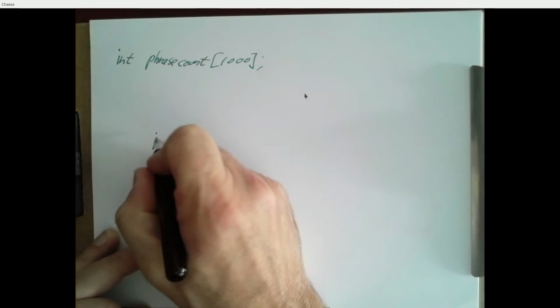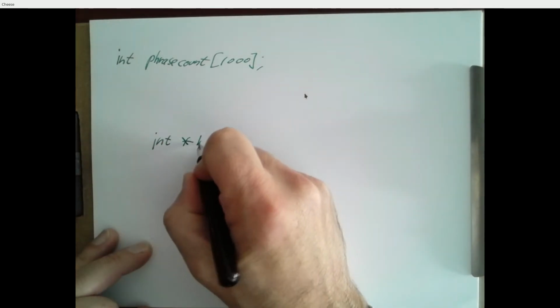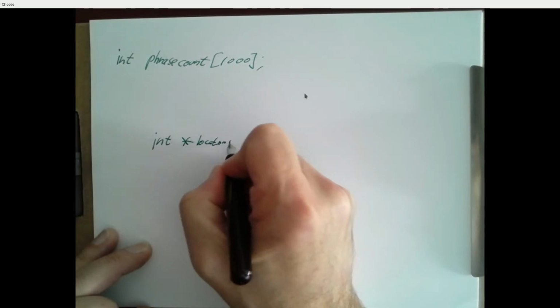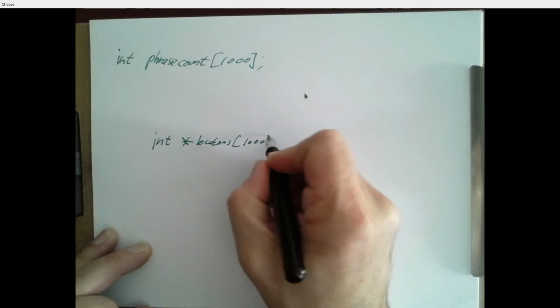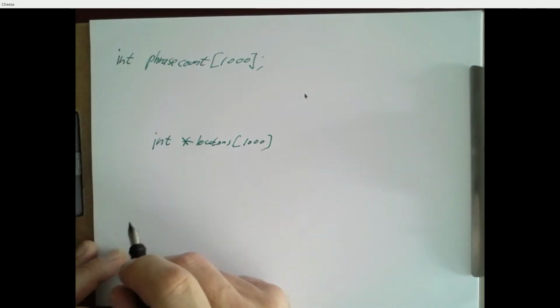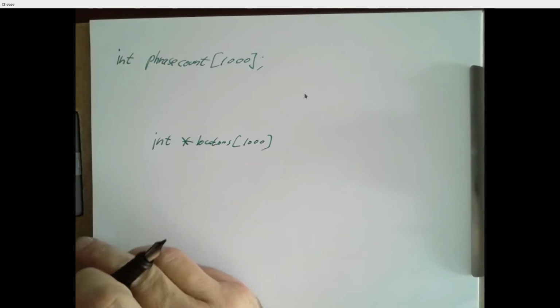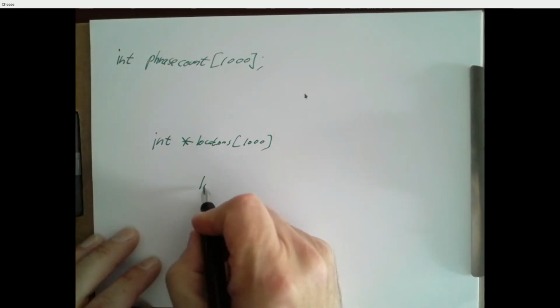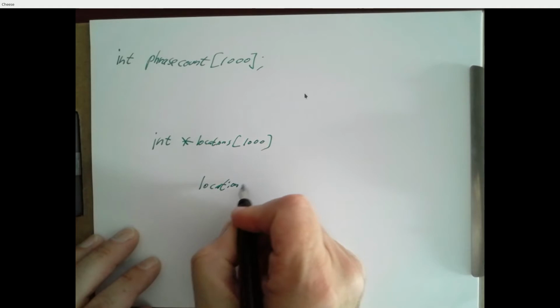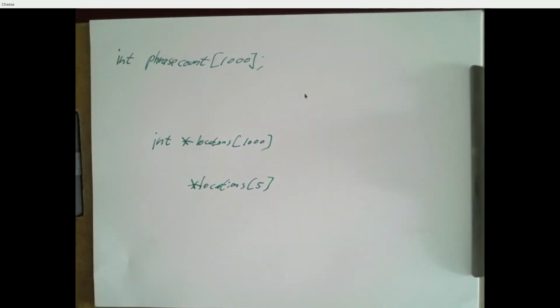That would be something like int *locations, however many you want, right? So now this is an array of 1,000 integer pointers, right? And if I wanted to access a particular integer, I could say locations[5] and I could say star, and that would be the thing pointed to by the 5th entry in that array of pointers.